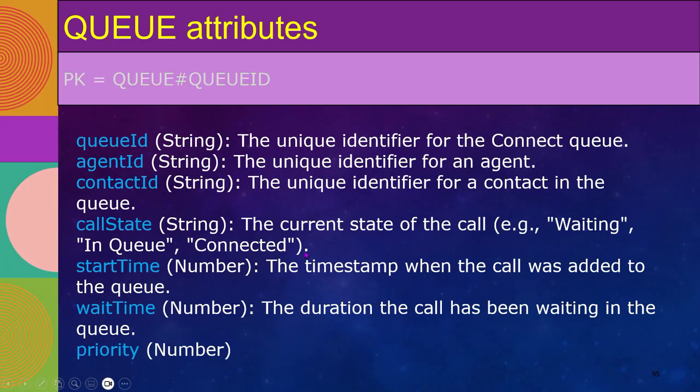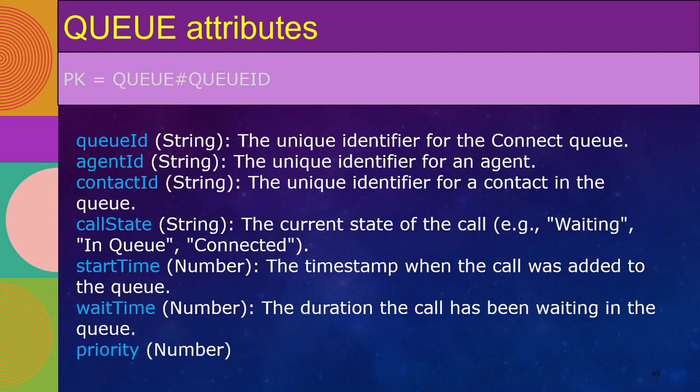Okay, and then there's a queue. With a queue, I might want to look at queues and see how many users are waiting, what the wait time is, how many agents are in the queue, whether the queue is for a particular language, depending on what it is.